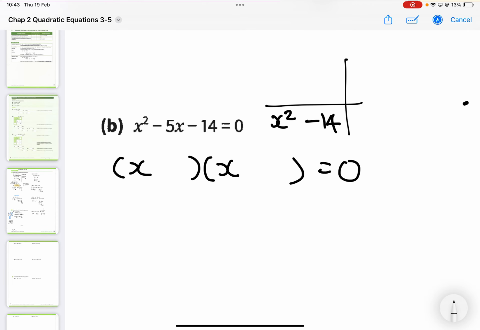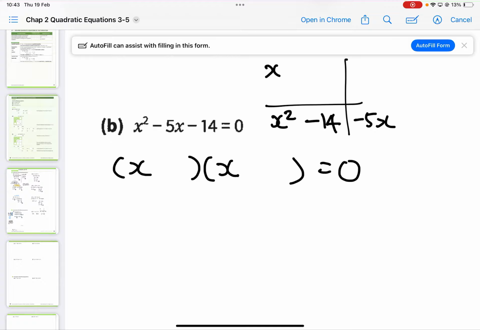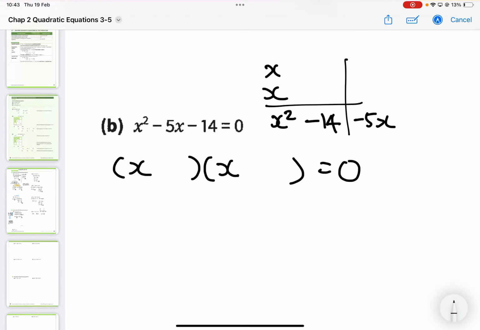Then I put my minus 5x here. The first number very simple. X squared so must be x times x.